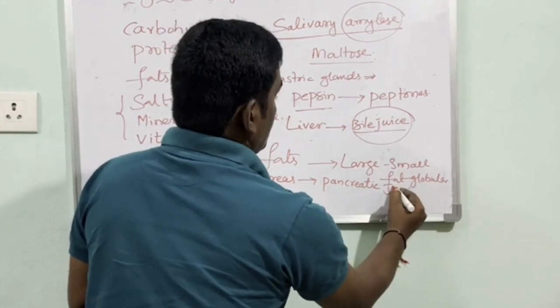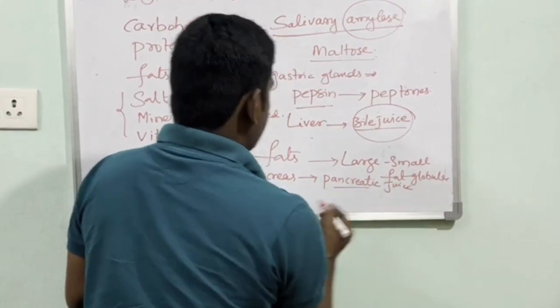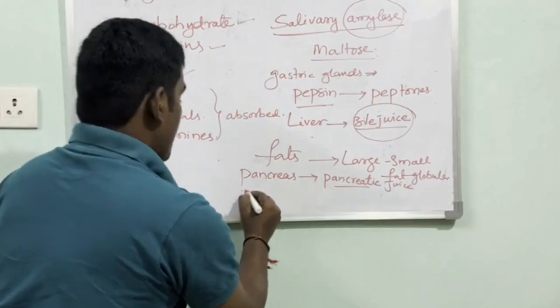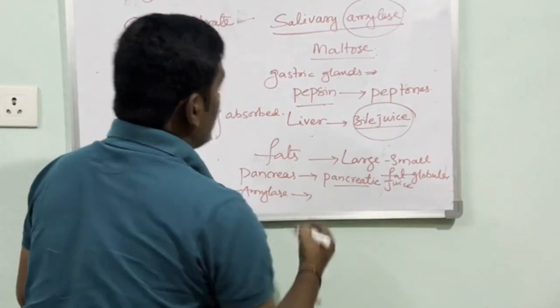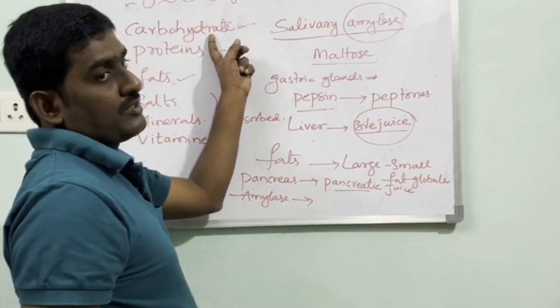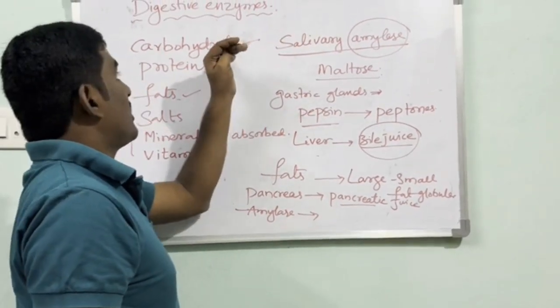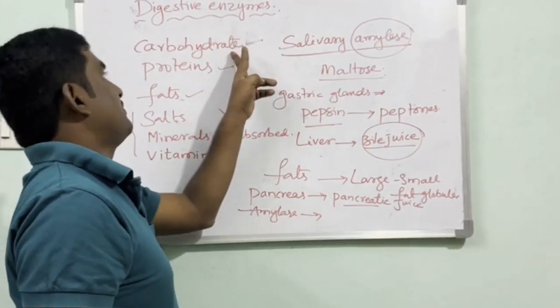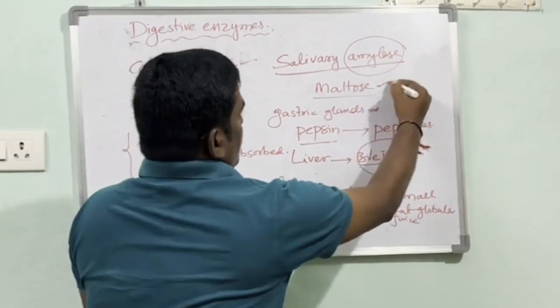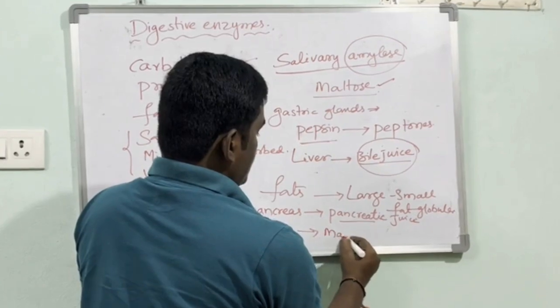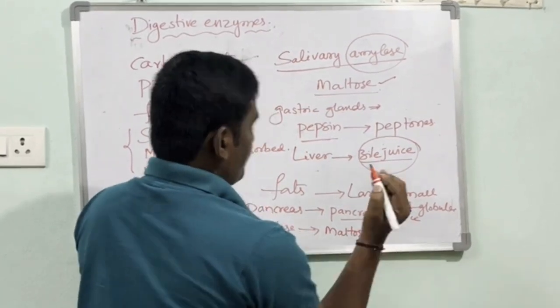This pancreatic juice contains first amylase. This amylase acts on the same carbohydrates which are left over, and they are going to get digested in this place. So carbohydrates are going to change to maltose again.